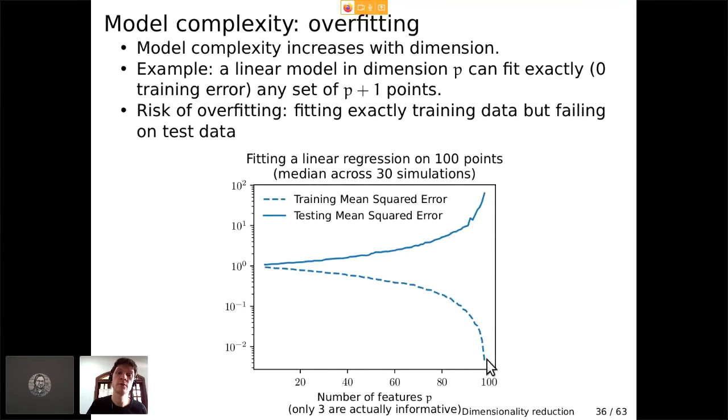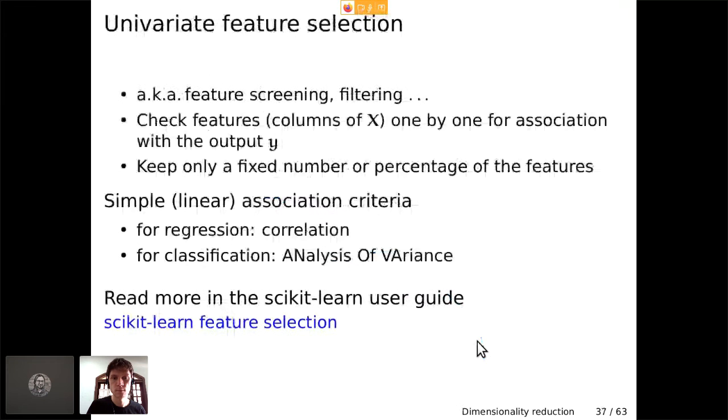But of course, it's only fitting noise in the training data, and all that it's learning is not helpful at all and does not generalize to testing data. So although our training error is decreasing, the testing error keeps increasing until it gets very, very bad when the model is completely overfitting the training data. So we will try to fix that with dimensionality reduction.